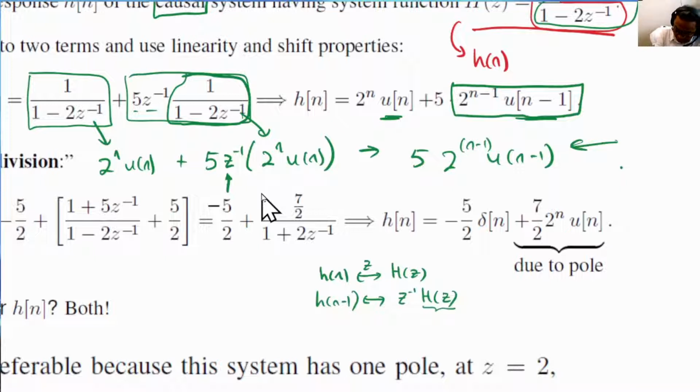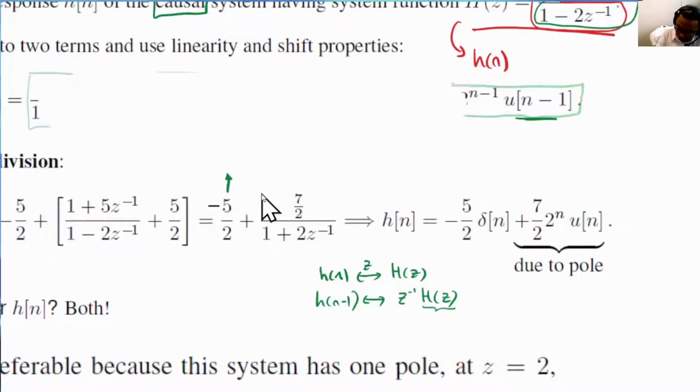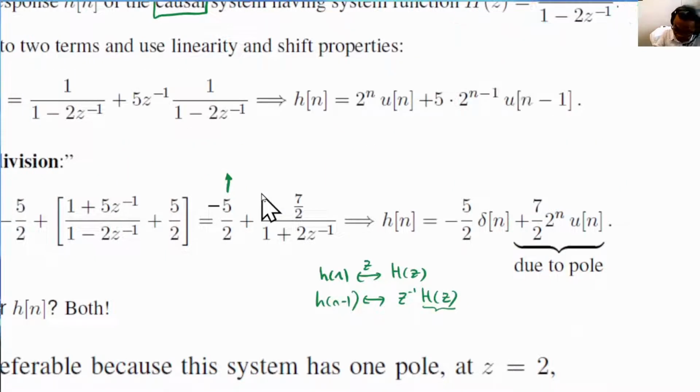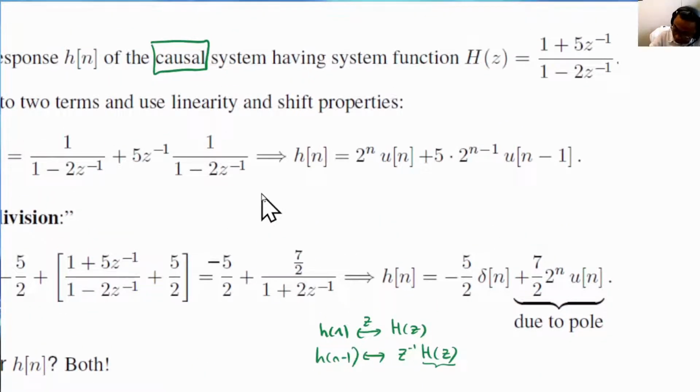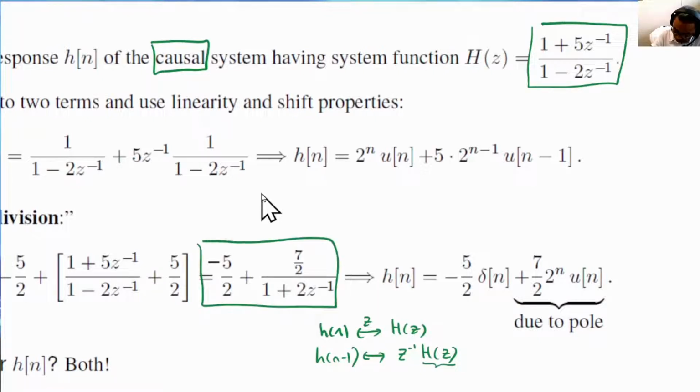Now, this question has another part, which is that there are actually a few ways you could have solved the problem. You could have taken this and performed long division, and you could have gotten this. So these two expressions are identical. This is an improper rational function, this is a proper one. So it is some constant plus 7 over 2, over 1 plus 2z minus 1.